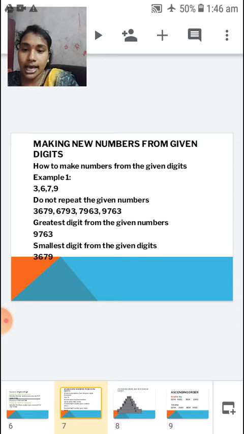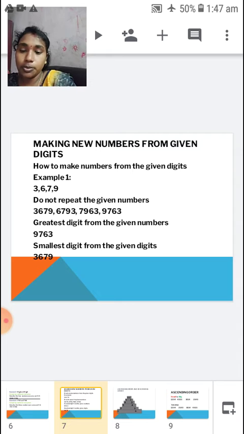Okay, so we have 4 digits, that is 3, 6, 7 and 9. Here we are not going to repeat any digits, and we form new numbers from the given digits. So what will be the 4 numbers that are formed?